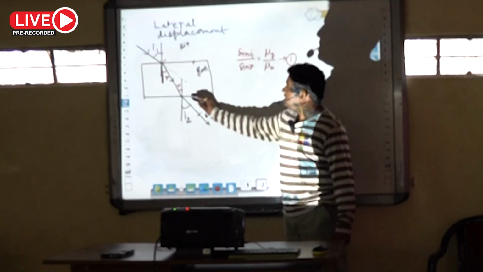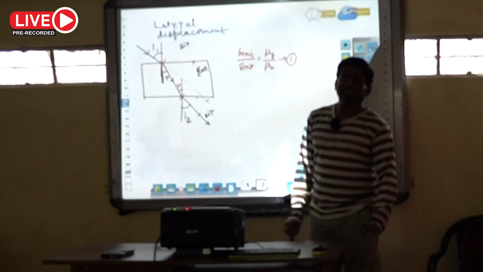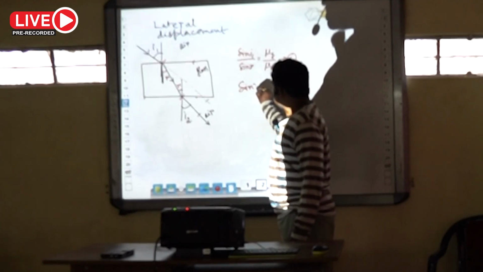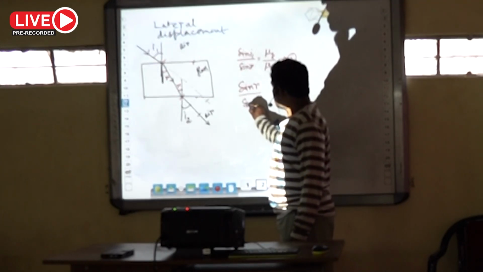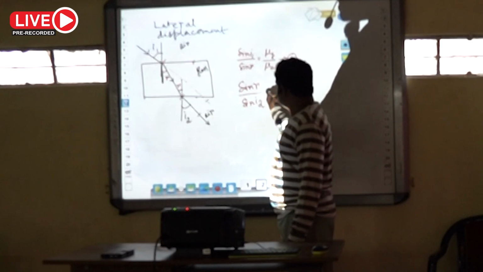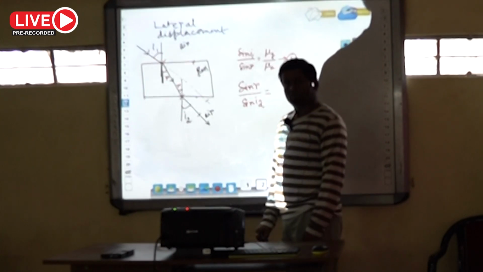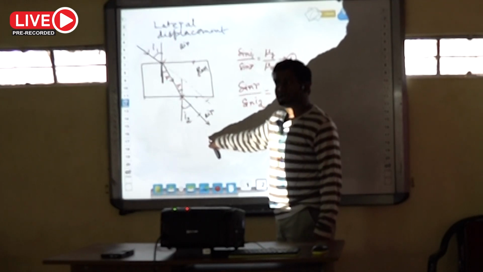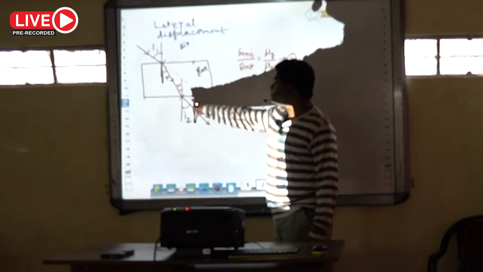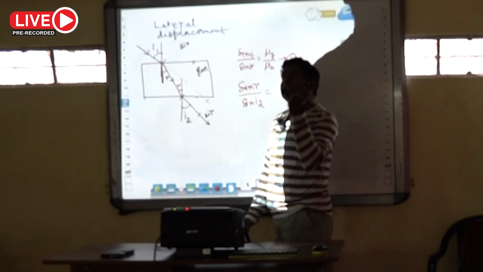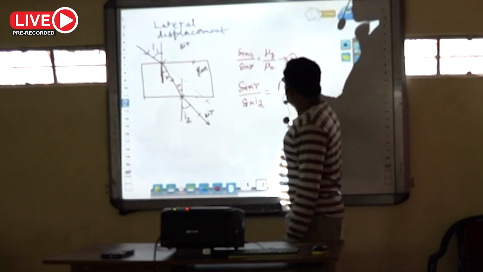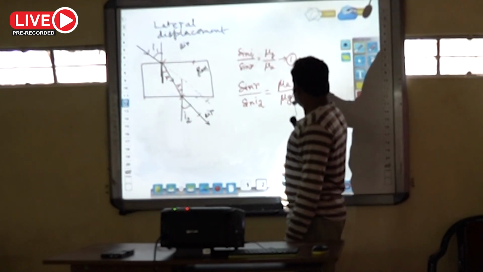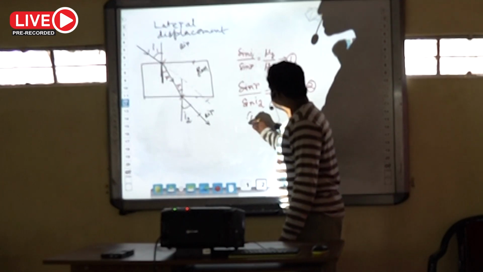Now go to the second refraction. What is the angle of incidence? R. So I write sin R. What is the angle of refraction? I2. It will be sin I2. This will be mu 2 by mu 1. Now what is mu 2? Air. Second medium is air now. First medium is glass, because for the second refraction, light is traveling from glass to air. So we write mu A by mu G. That is equation 2. Multiply equation 1 and 2.